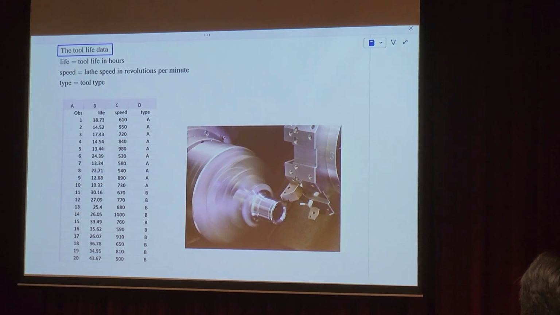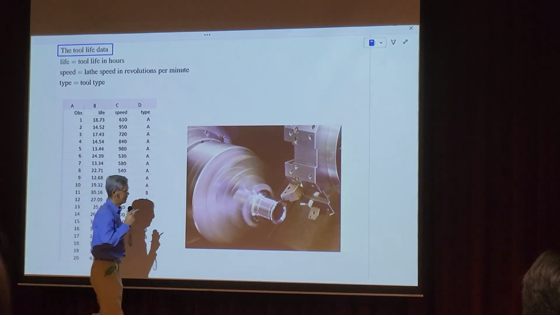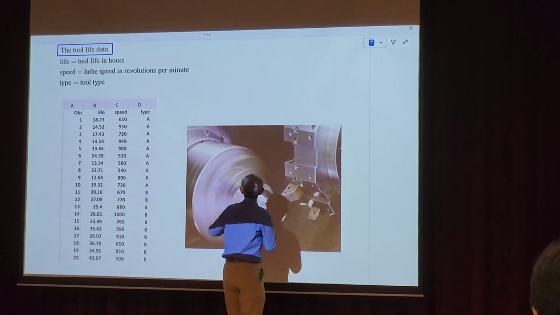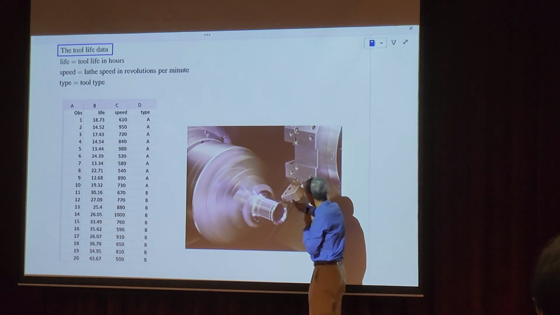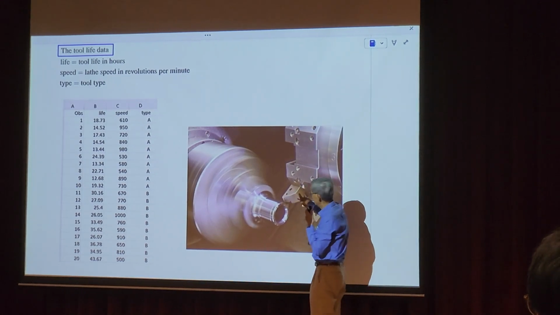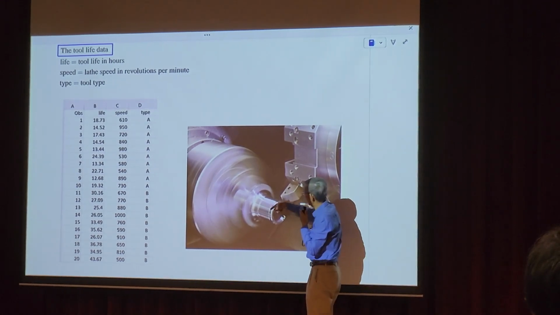In this experiment, we want to know how the lifetime of a tool depends on tool speed and the tool type. This is a tool, and this will turn.